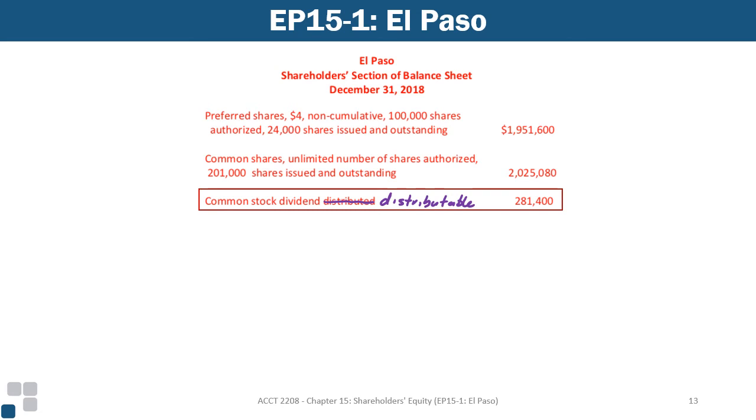They haven't been turned into common shares yet. The company declared the dividend and closed the dividends declared to retained earnings, but these shares have not actually been distributed yet. So the common share account is not yet updated, and that won't happen until they're distributed in the next year.